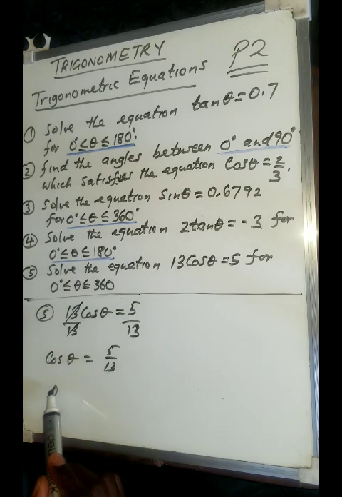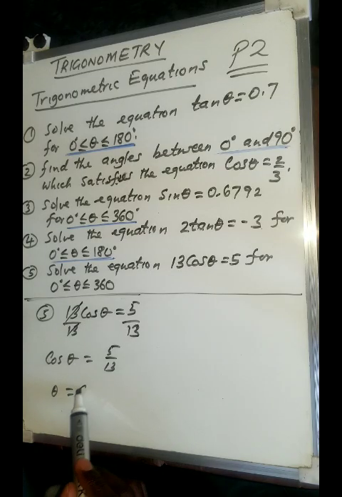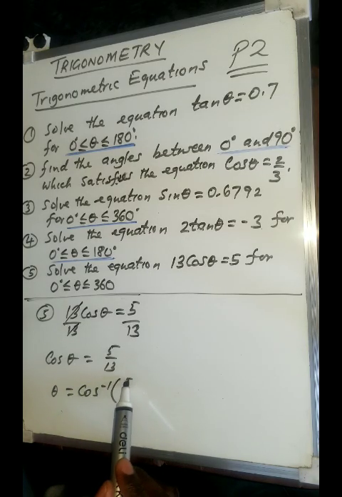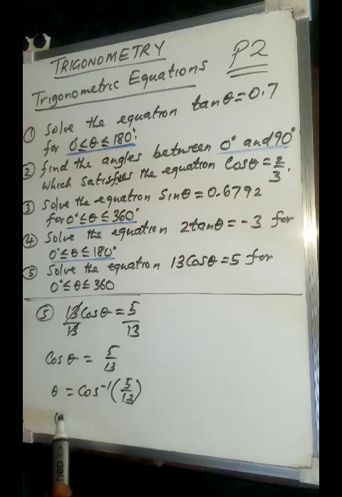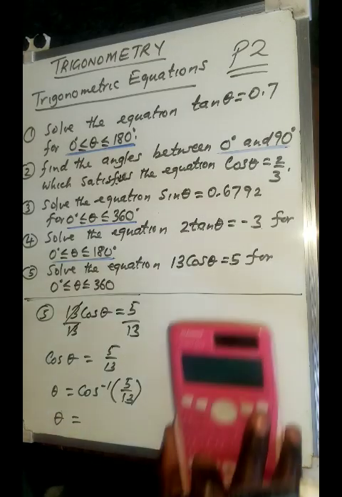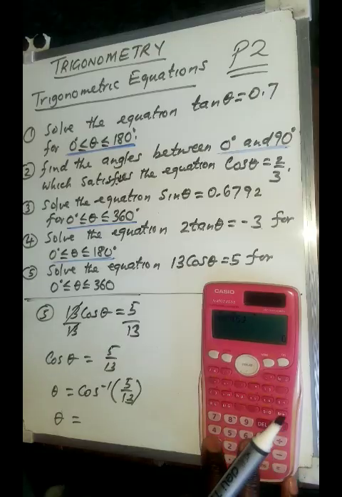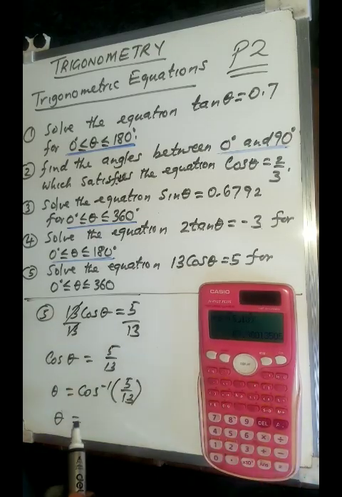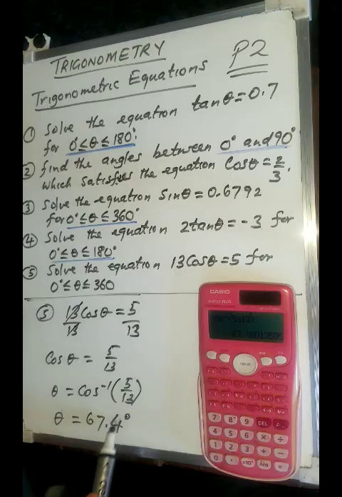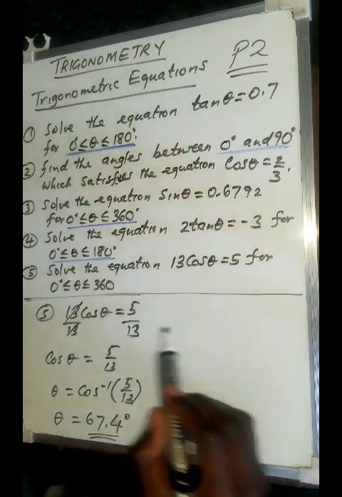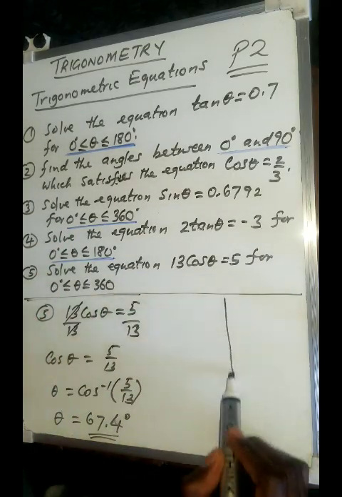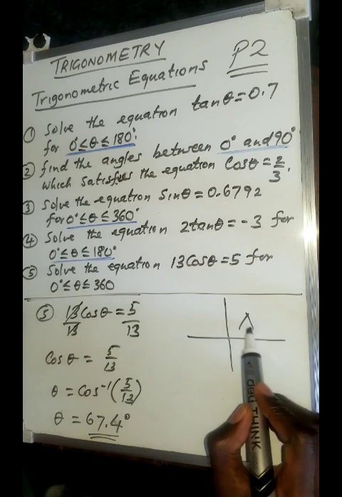So how do I find theta? It is going to be equal to cos inverse of 5/13. So what is that going to give us? Cos inverse of 5/13 is going to give us 67.4 degrees.